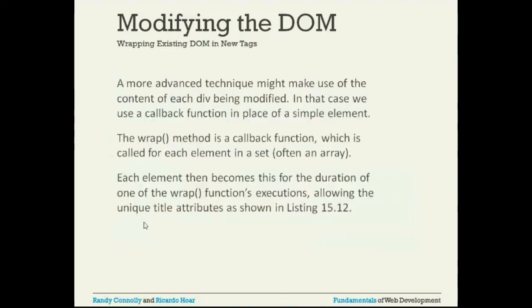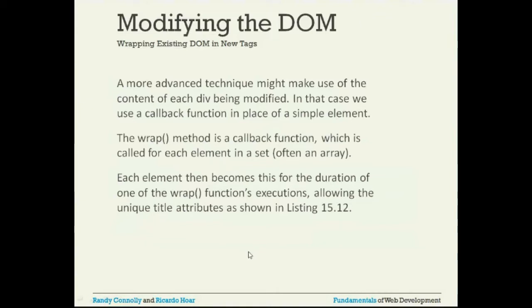A more advanced technique might make use of the content of each div being modified. In that case, we use a callback function in place of a simple element. So we can use a callback function instead of simple elements if you want some advanced changes.